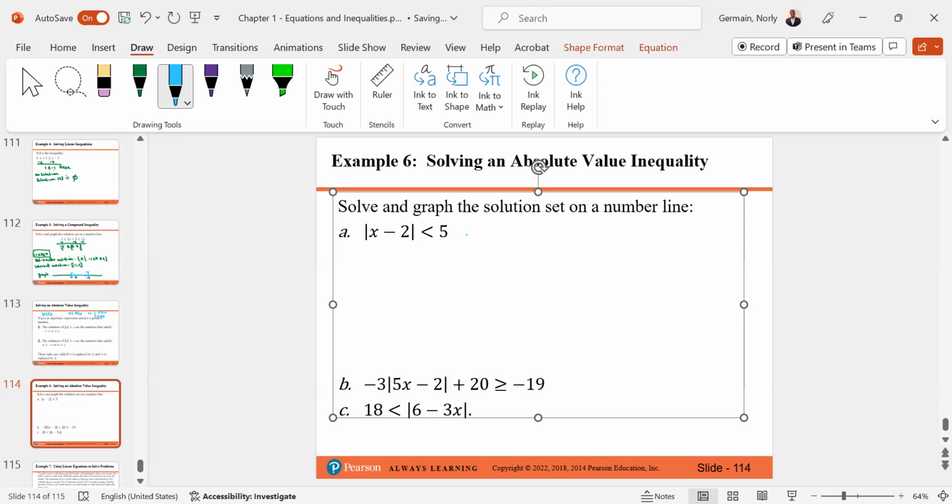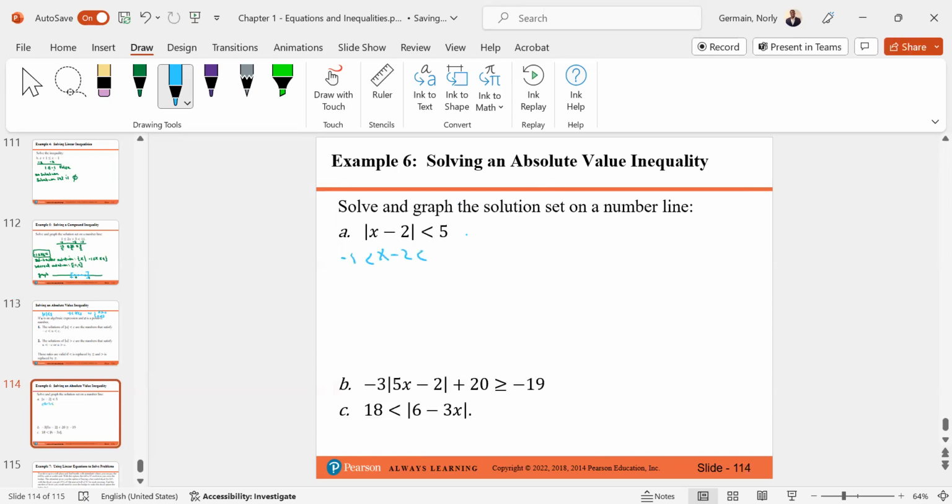The first thing to do is to rewrite the inequality without the absolute value bars. So we rewrite this as x minus 2 must be between -5 and 5. Then we solve the compound inequality by adding 2 to all parts, so we end up having x between -3 and 7.